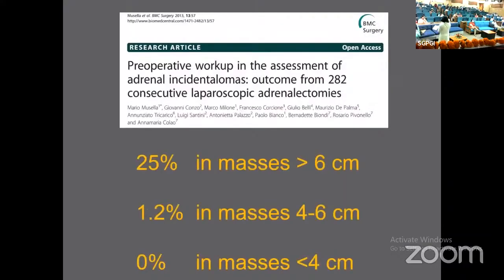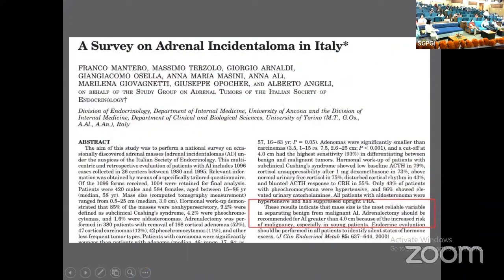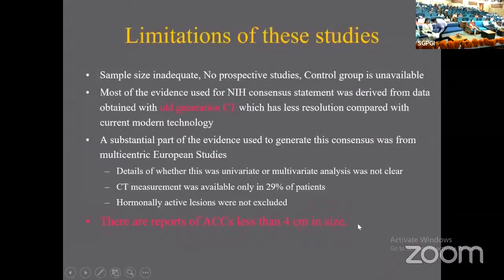It is conventionally taught that in masses more than 6 centimeters, there is a 25% chance of malignancy, as compared to 0% in masses less than 4 centimeters, but the intermediate 4 to 6 centimeters is questionable. This was a multicentric survey done in Italy, which showed that mass size is the most reliable factor in separating benign from malignant, and they took a cutoff of 4 centimeters.